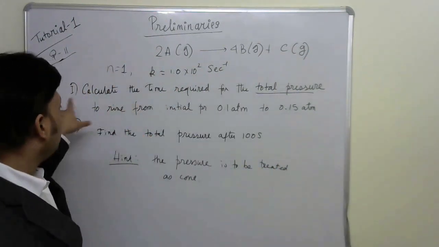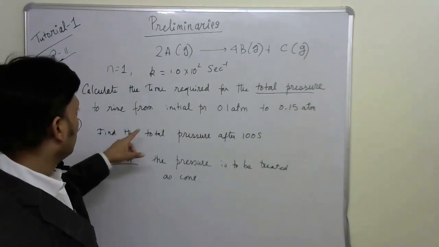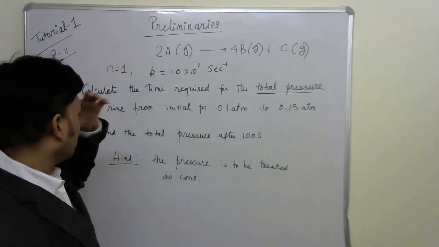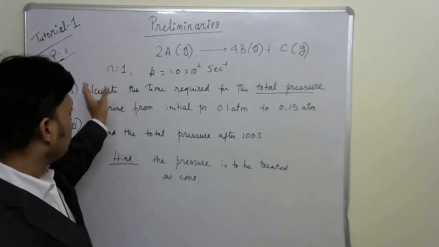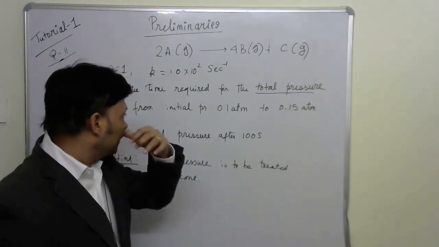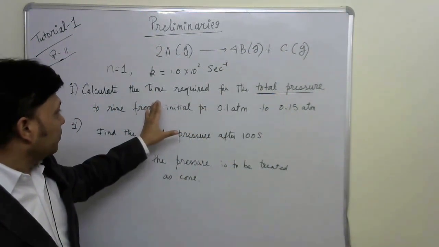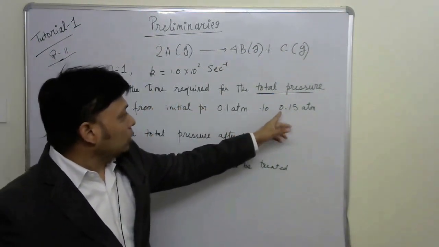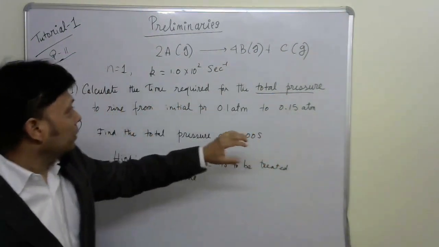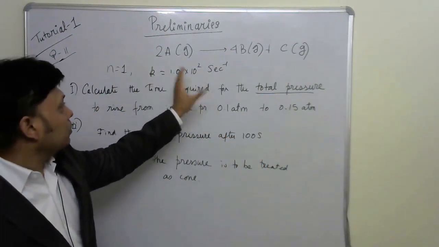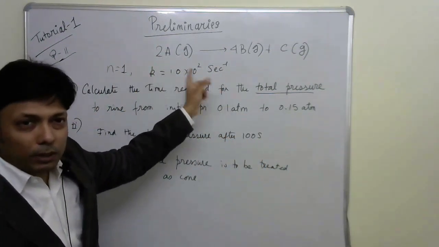And at time t equal to t, the total pressure becomes 0.15 atmosphere, and at that point you have to calculate what's happening in the system.